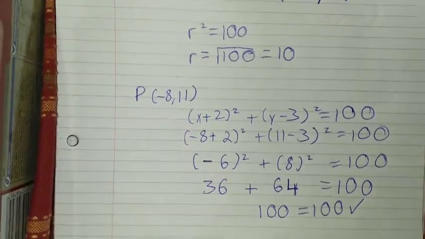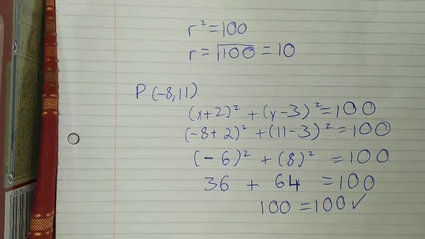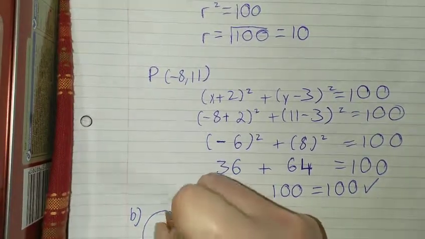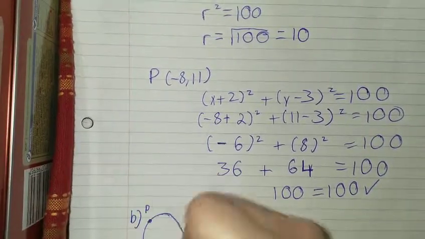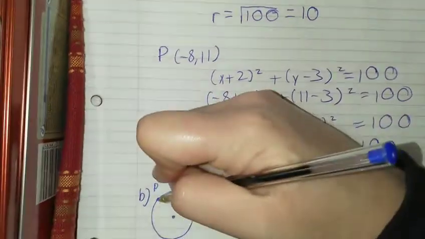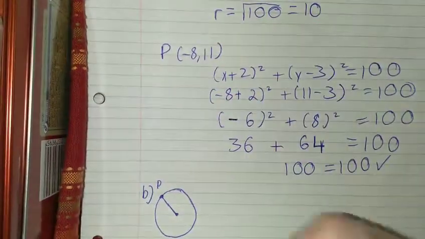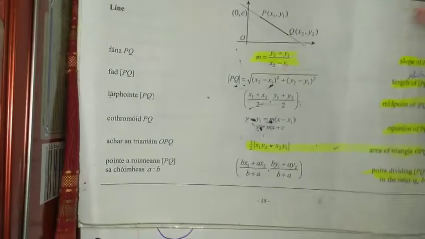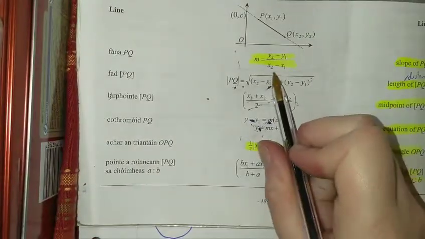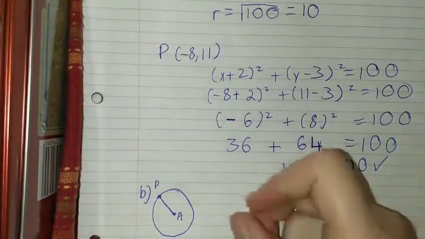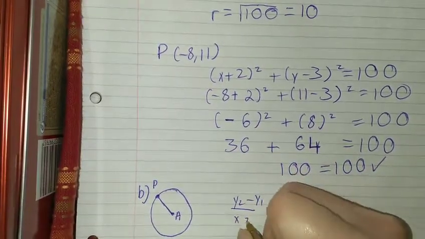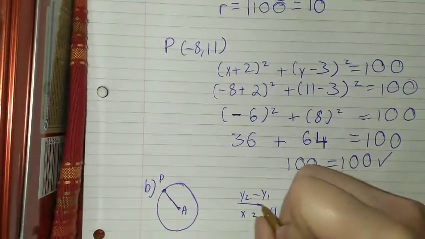So I'm asked to then find the slope of the radius AP. I'm just literally getting the slope of a line, so I have to use my slope formula, which is (y2 − y1) over (x2 − x1).